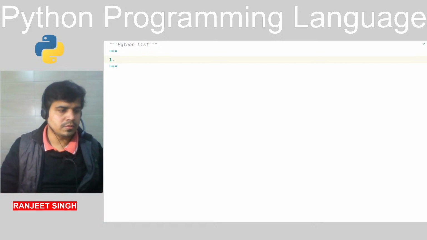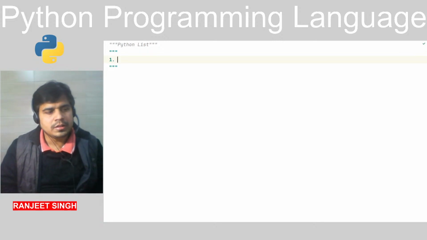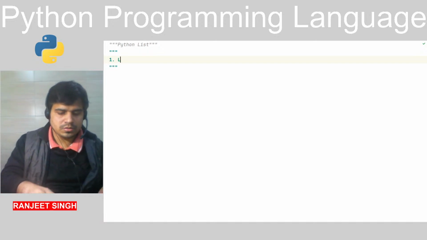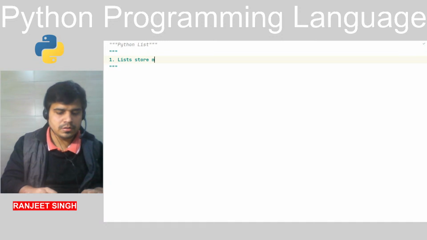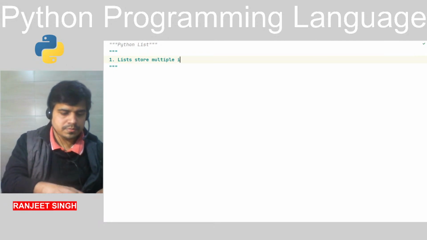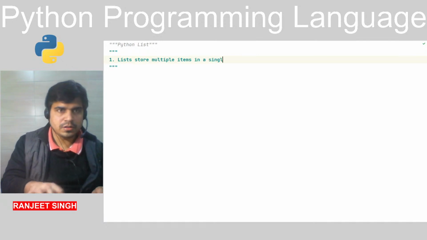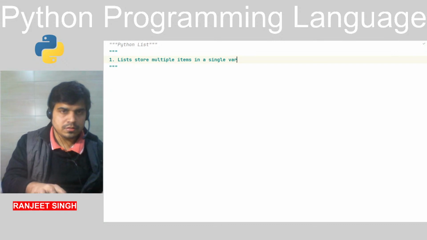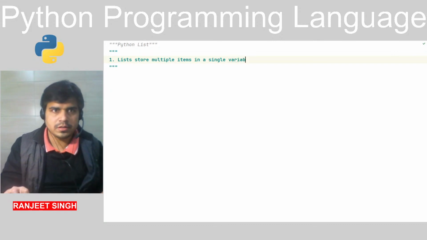So we all know that list is a data structure in Python. Lists store multiple items in a single variable, right?